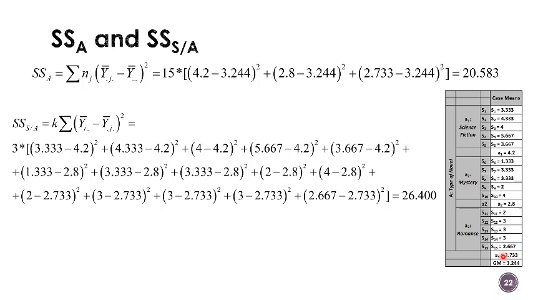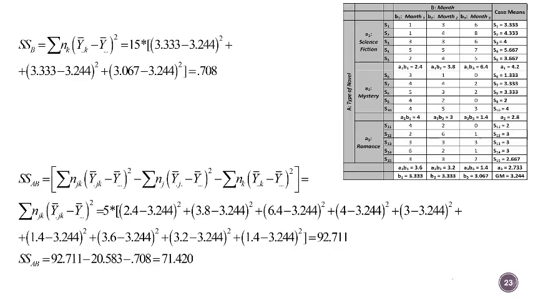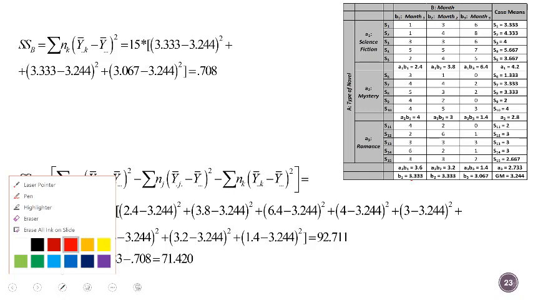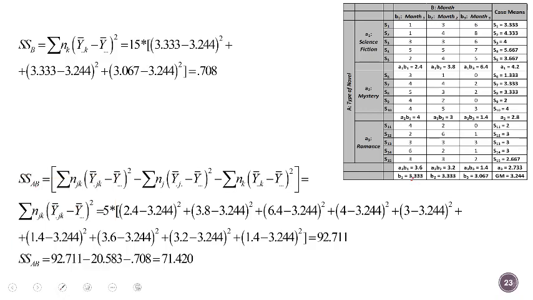Looking at the sum of squares for B, now I'm going to take these three means here. Here's 3.333, 3.333, and 3.067.